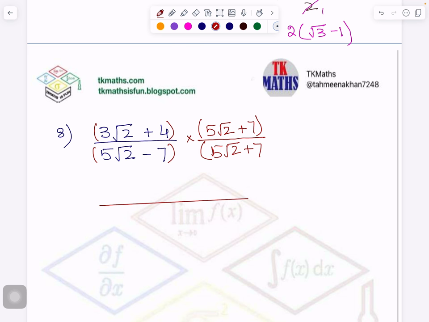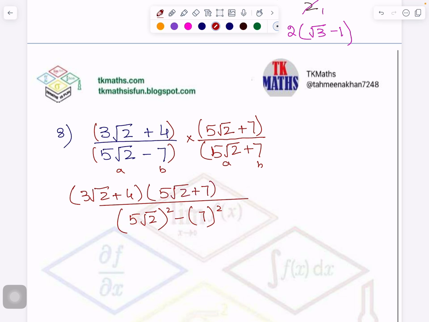Now the denominator will become, because this is like a minus b and a plus b, so it will become a square minus b square, that concept. And numerators I will write very neatly with the space, because I have to expand the brackets of the numerator.